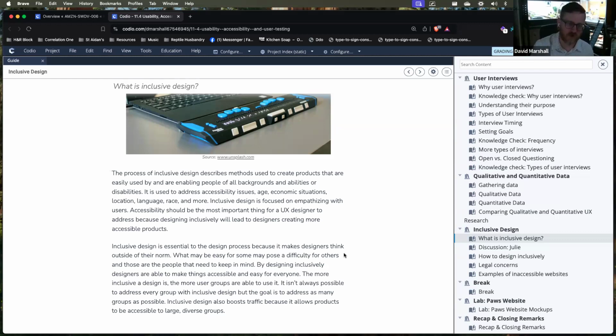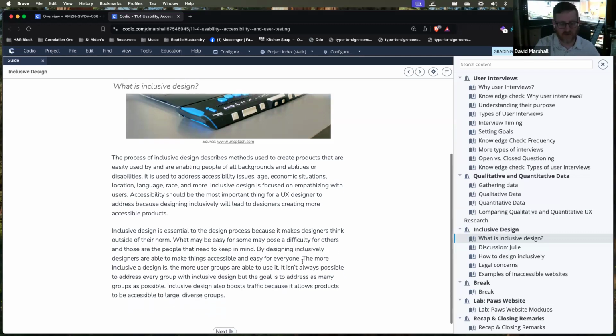So really, the goal with inclusive design needs to be: how are others going to use this application, whether it's based on visibility or limited motor functions, having designs that have good contrast with colors, right? We've talked about it so many different times, but there's a laundry list of things to consider.